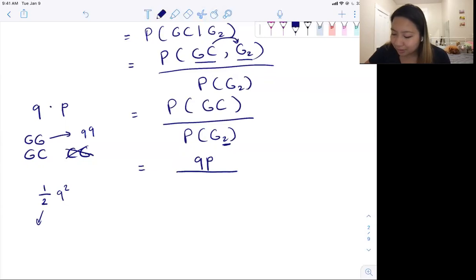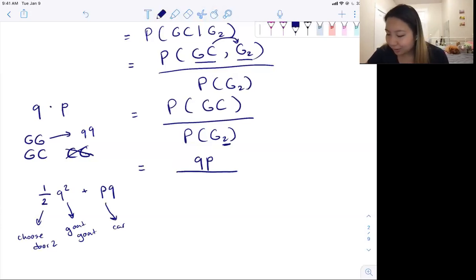So this is choose door 2, and then this is goat, goat. And then we're going to have plus pq, which is the probability of car 3 and goat 2. And Monty will always choose the goat. So that's going to be our denominator.